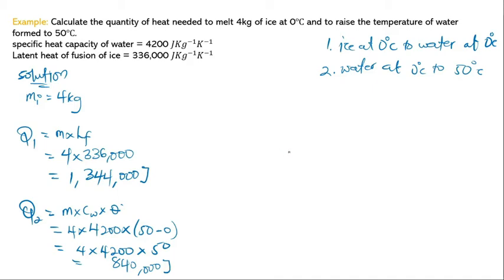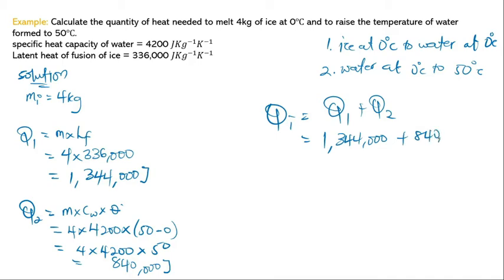Right, so now that I have the two energies needed to melt the ice at 0 degrees Celsius and raise the temperature of the water formed to 50 degrees Celsius, all I need to get the total energy is to add the first energy to the second energy. So I have the sum of 1,344,000 and 840,000. Let me quickly do that.